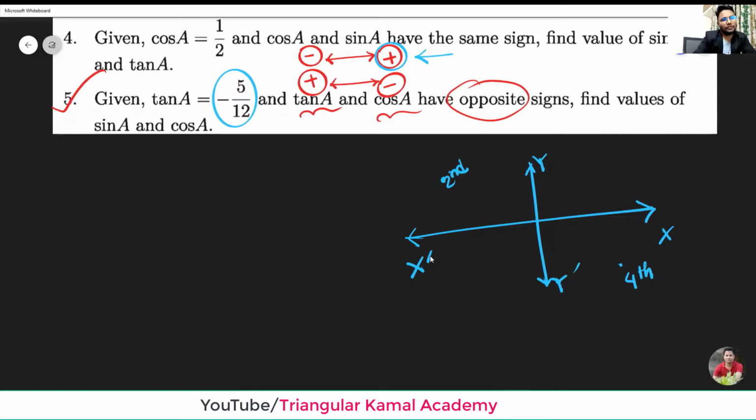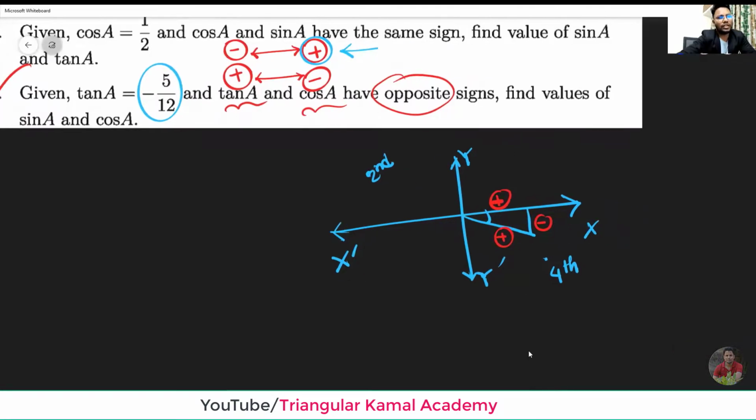So now if we draw the figure in the fourth quadrant, this is the angle, here is the positive side of the x-axis, and down is the negative side of the y-axis. The hypotenuse is always positive.